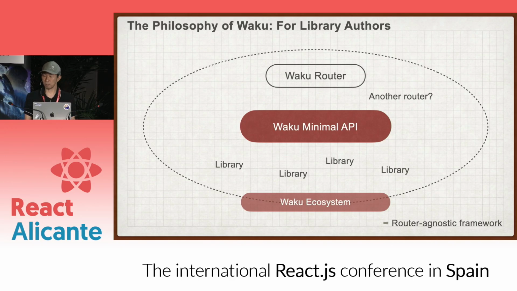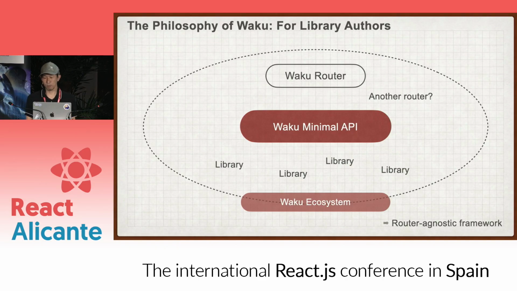As an interesting example, the official router of Waku is built on top of the minimal API. This means that the router is a library, not part of the core. When we explain to the framework users, we don't clearly distinguish between the core and the router, but technically it's a separate library.